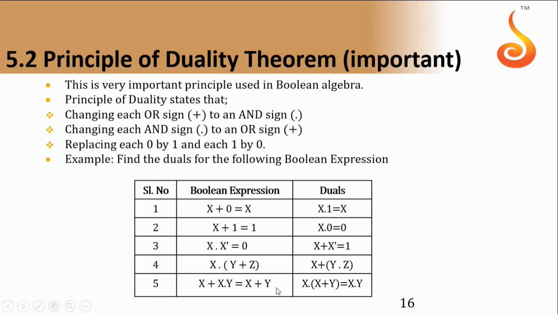So I am writing the variable as it is, x, and the plus is changed to dot over here, and then you need to write the y. So the principle of duality is nothing but what you have to do: change all the or to and, and to or, 0 by 1 and 1 by 0. Please copy this down. The last two I believe you need to do. Remaining we have done.